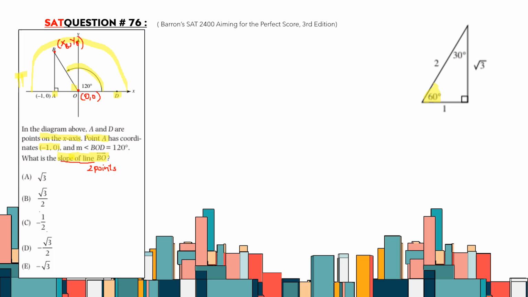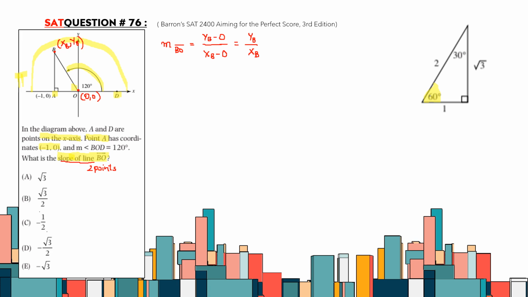When we have those 2 points, we can find the slope of BO by saying y sub b minus 0 over x sub b minus 0. That equals y sub b over x sub b.